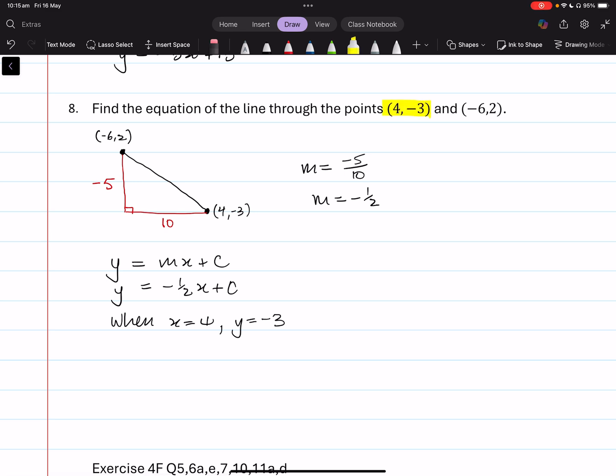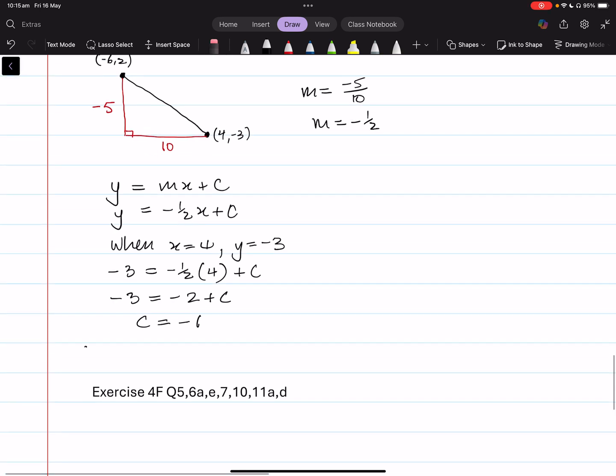When x is 4, y is equal to -3. So we get -3 is equal to -1/2 times 4 plus c. Now, if you do -1/2 times 4, that's -2. So we get -3 is equal to -2 plus c. So c comes out to be, adding 2 to both sides, -1.